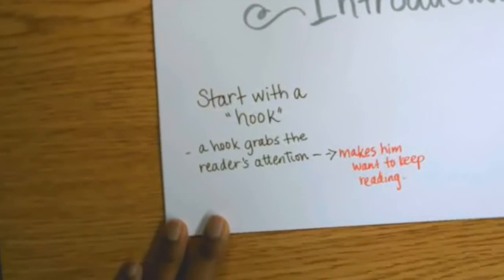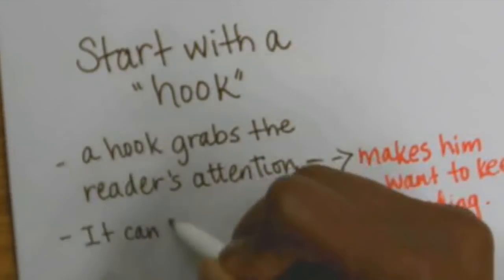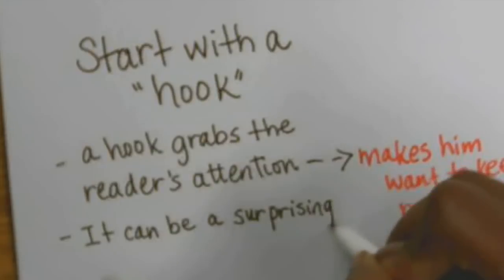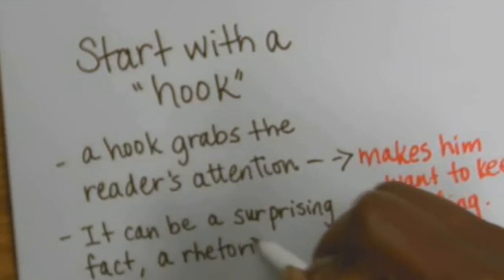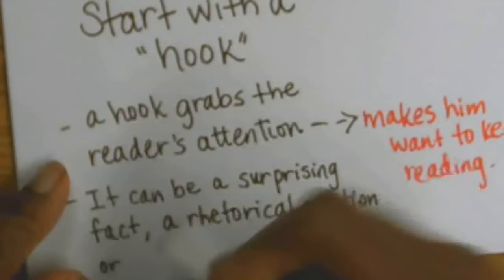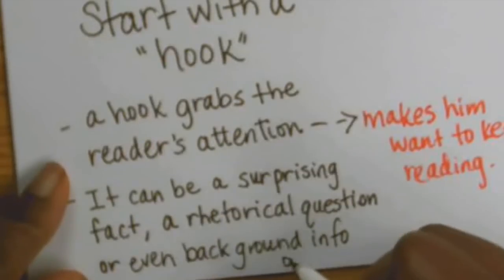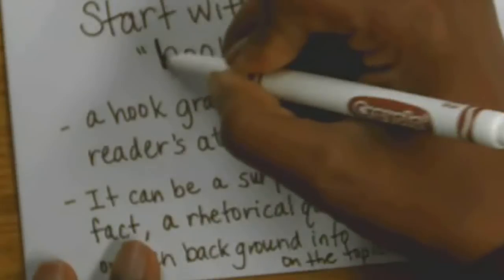It could be a rhetorical question or a series of rhetorical questions that you pose to the reader, or even just general background information on the topic. The topic should be controversial and debatable, and so you could just give a few background details about the debate or the topic that's going on in the argument.